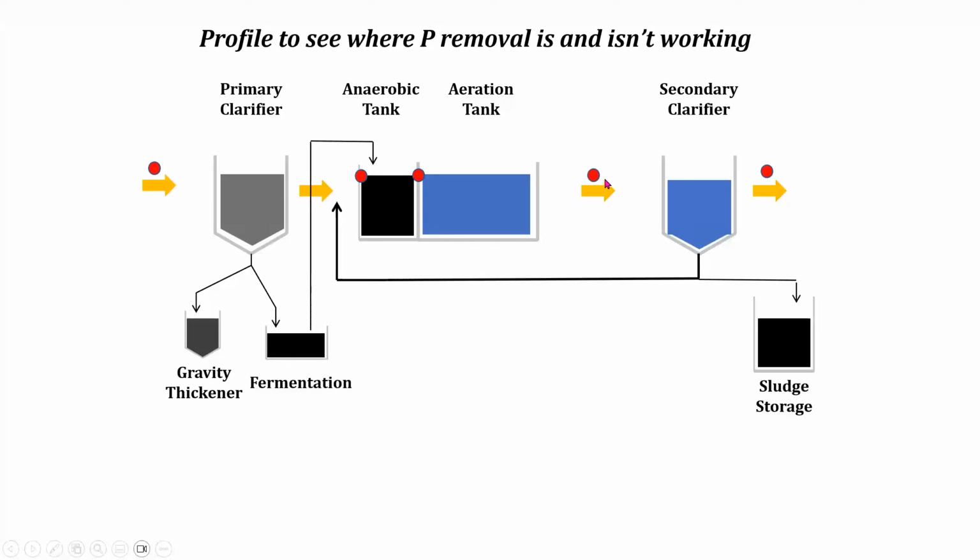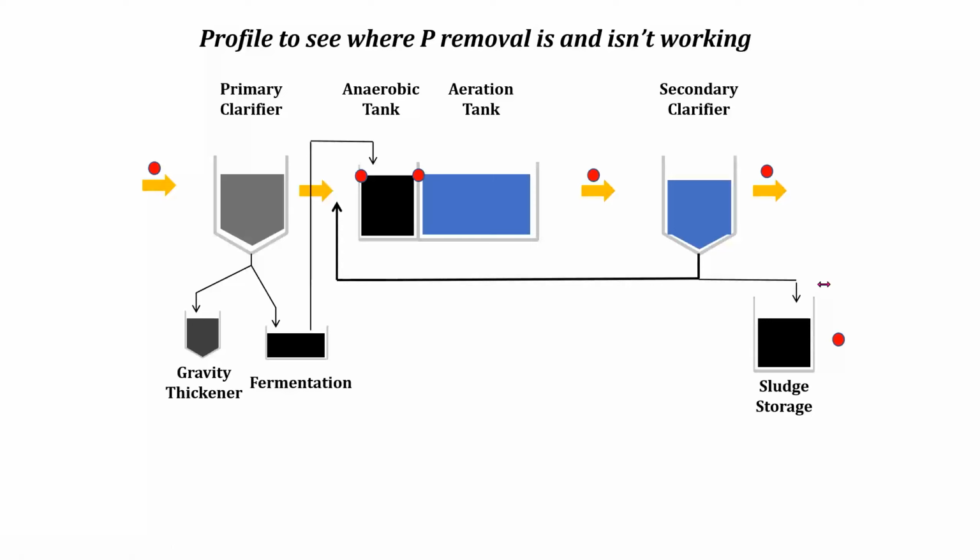So those facilities with real low limits are scrupulous about making sure there's no dead spots post aeration. So we monitor the phosphorus through the plant, including into the sludge storage tank.